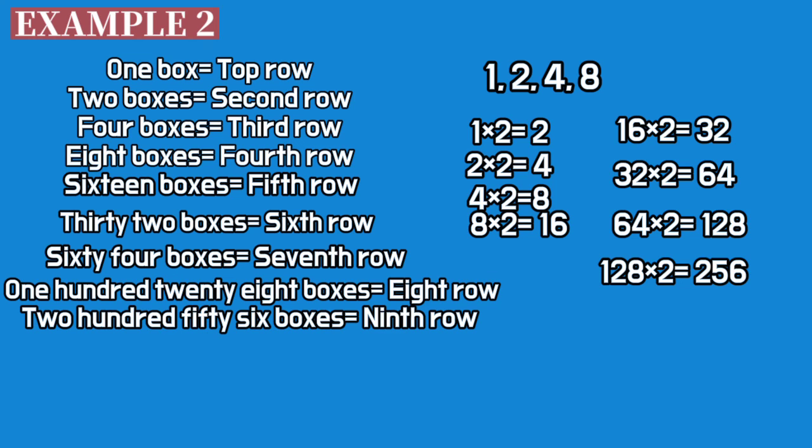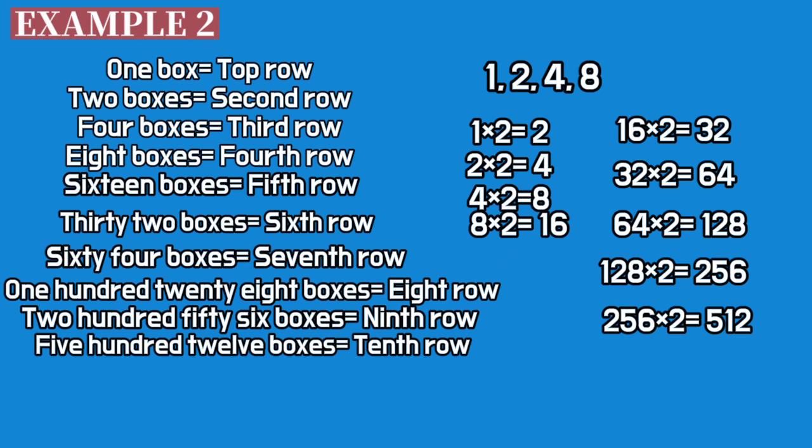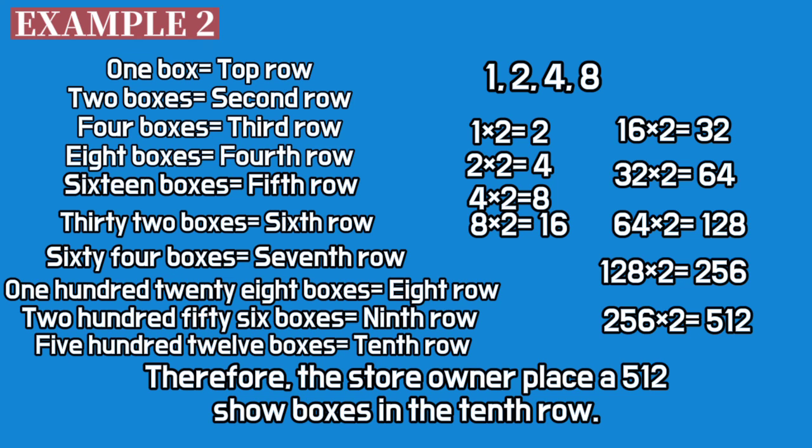And last, 256 times 2 is 512 shoe boxes for the 10th row. Therefore, the store owner placed 512 shoe boxes in the 10th row.